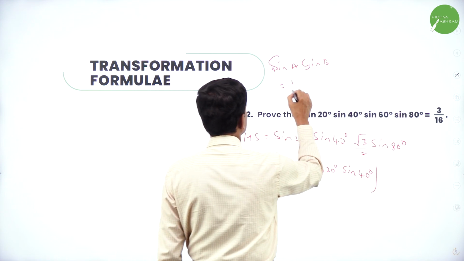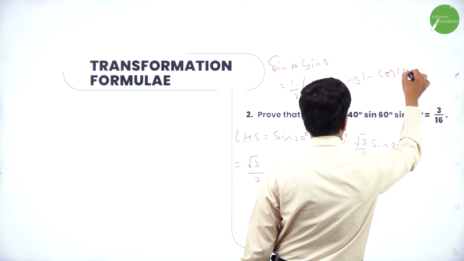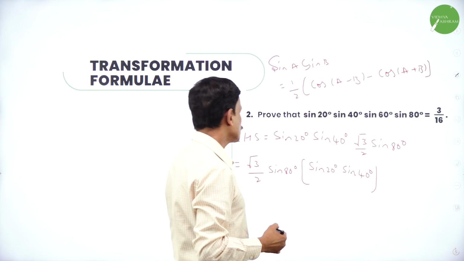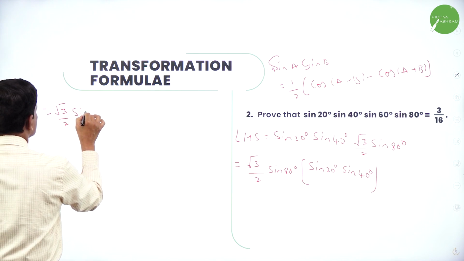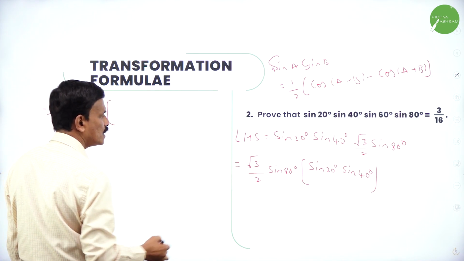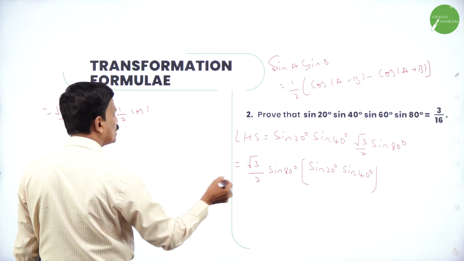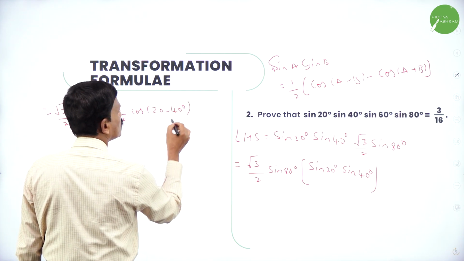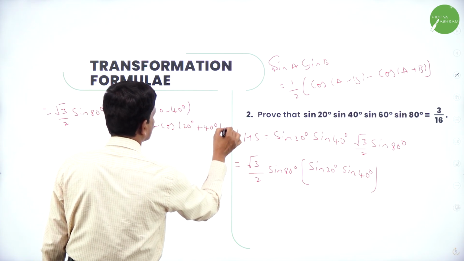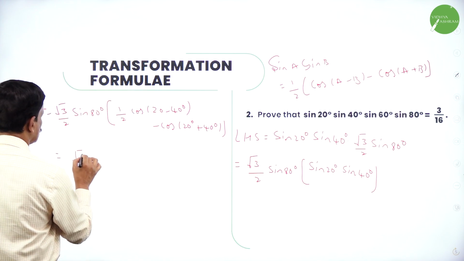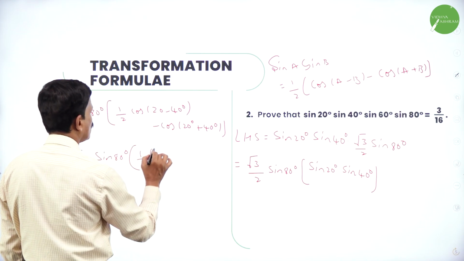So this is equal to half of cos A minus B minus cos of A plus B. So this is equal to root 3 by 2 sin 80 degrees, half of cos A minus B, 20 minus 40, again minus cos of A plus B, 20 plus 40.